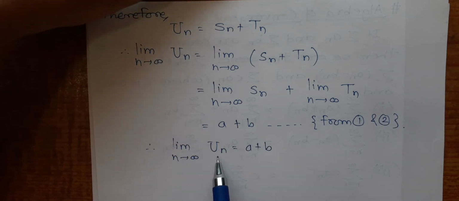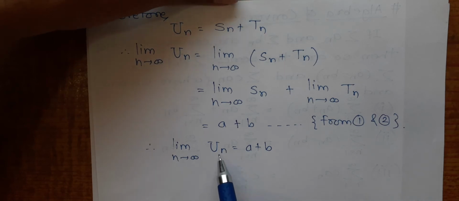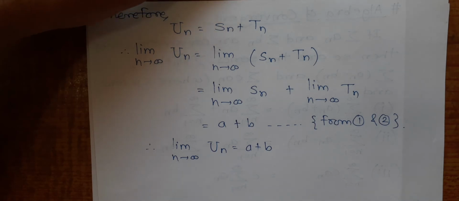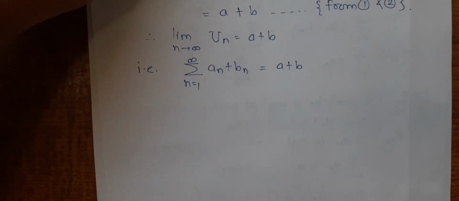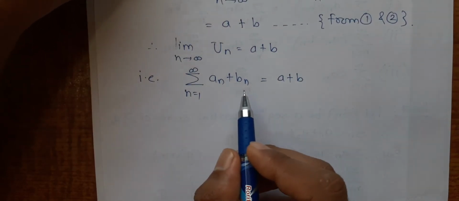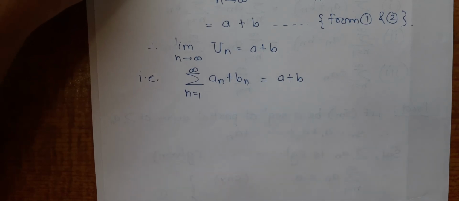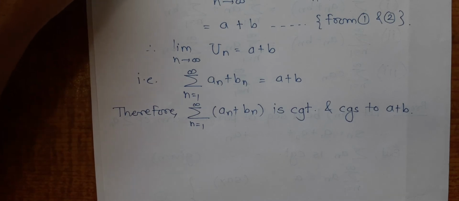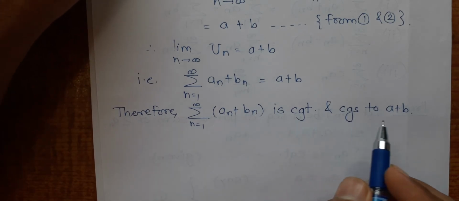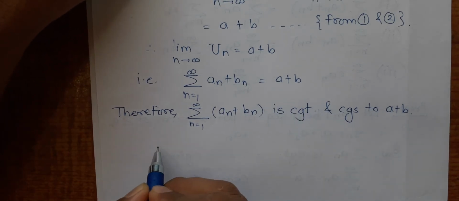That means this sequence of partial sums converges to a plus b. Therefore the corresponding series, summation an plus bn, converges to a plus b. In this way we have proved summation an plus bn is convergent and converges to a plus b.